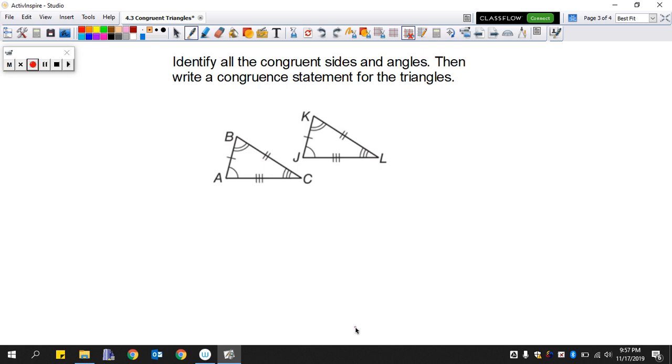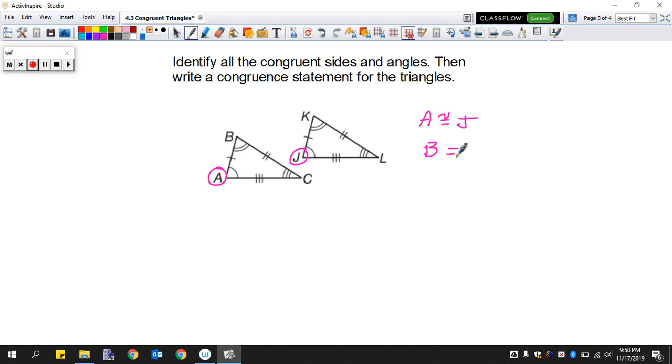All right. So it asks us to identify all the congruent sides and angles, then write a congruency statement for the triangle. So very easily, A is congruent to J because they have one congruency symbol.